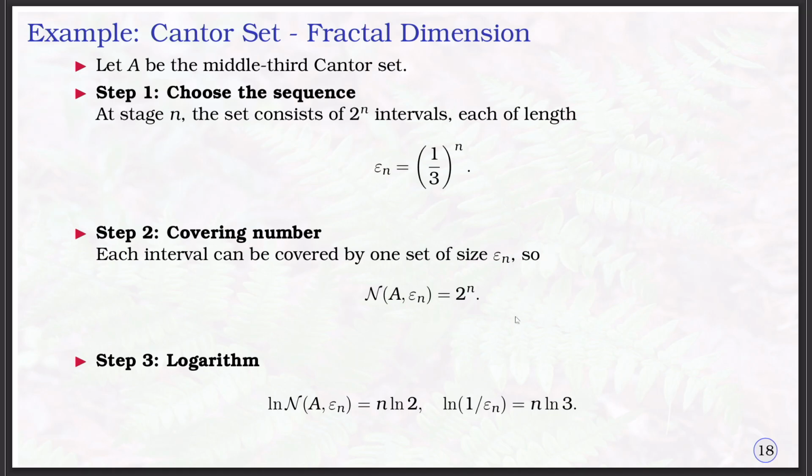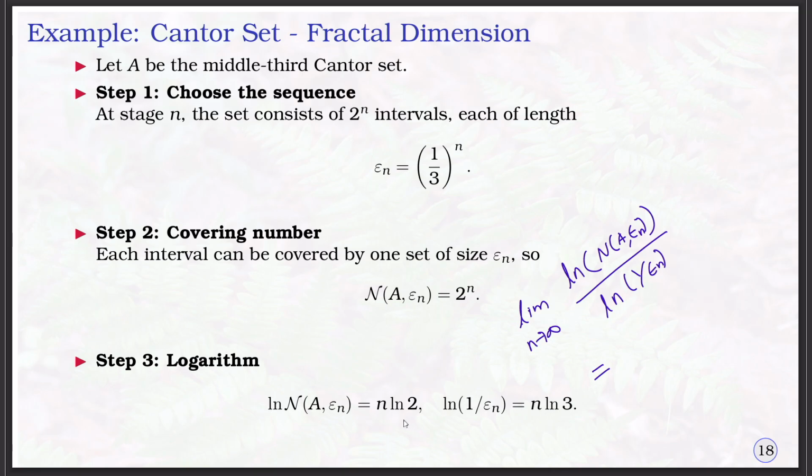Now, as per the definition, we need to take the limit as n tends to infinity of the logarithm of N(A, epsilon n) over ln of 1 over epsilon n. One can find the fractal dimension. Here epsilon n is 1 by 3 power n and N(A, epsilon n) is 2 power n.